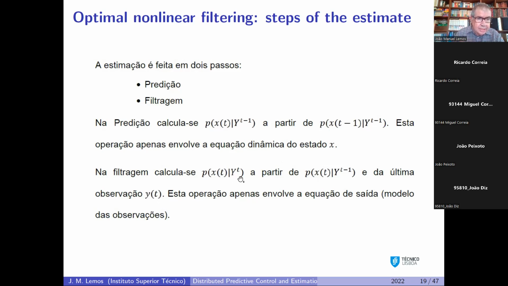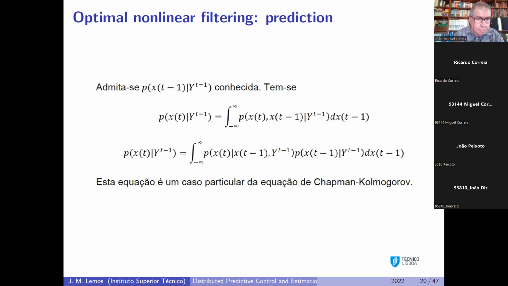So let's see how we can obtain equations for these two steps or procedures. Let's start with prediction. Assume that at time t minus 1, you know the density function of the state at time t minus 1, given the observations up to time t minus 1.